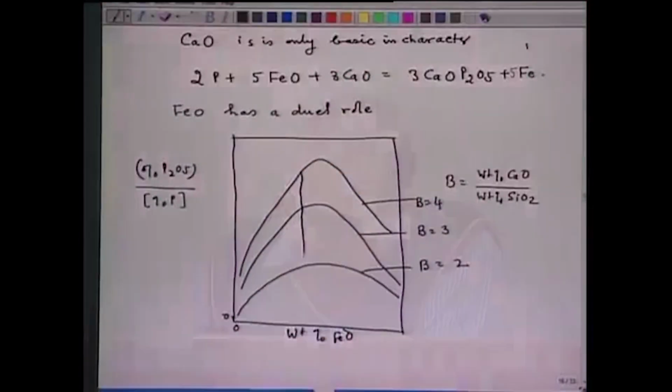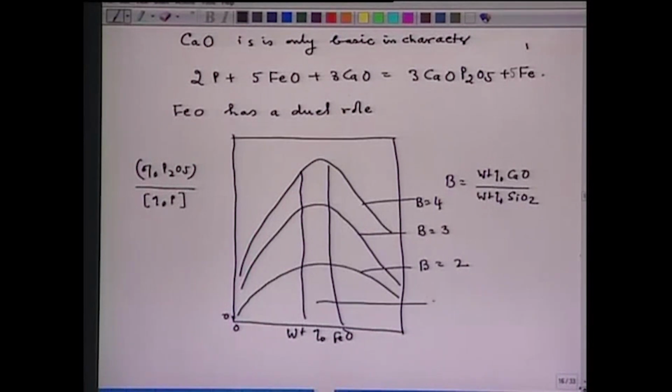That means FeO has a dual role: one is oxidizing, and in the decreasing mode, where dephosphorylation decreases, it dilutes the effect of calcium oxide. In fact, this optimum FeO is around 15 to 20% of FeO. So, that is what about the effect of FeO and CaO.